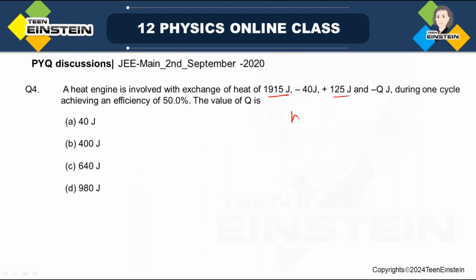do it once again. So work done is here actually minus 40 minus q. Okay.